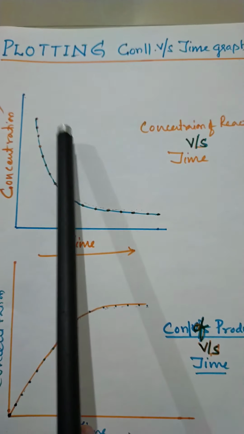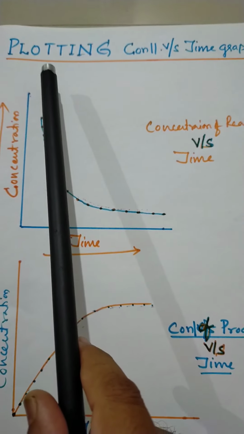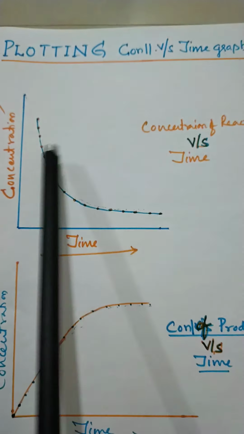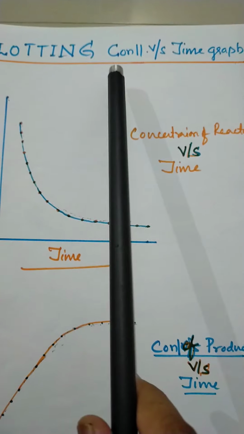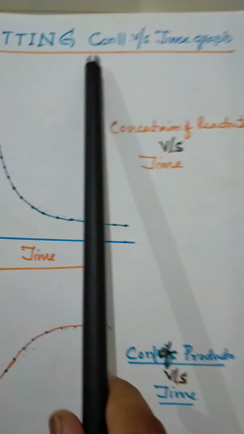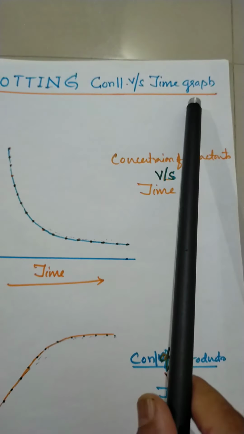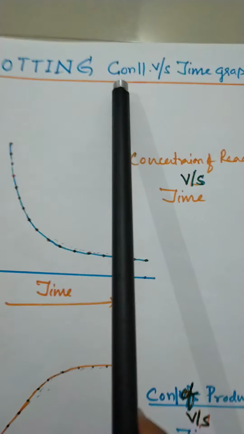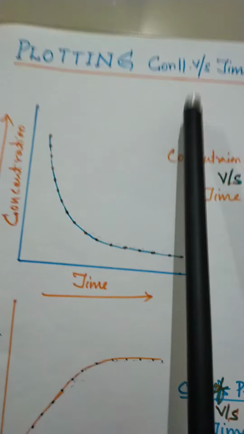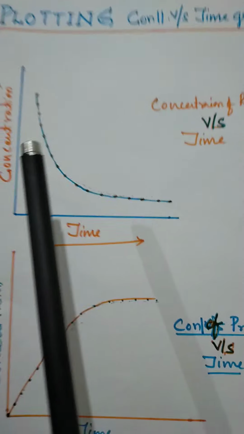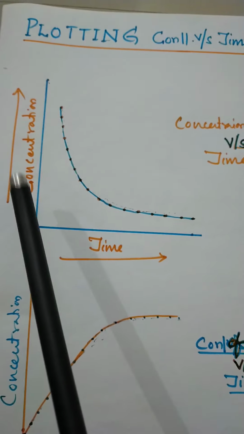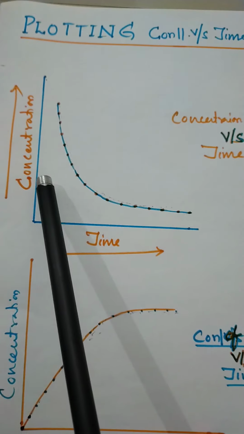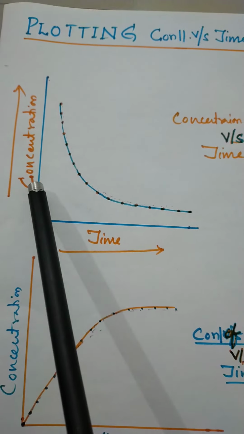In this class we start with how to draw the graph of the rate of reaction, that is, plotting the graph of concentration versus time. Here there are two lines, the x-axis and the y-axis.